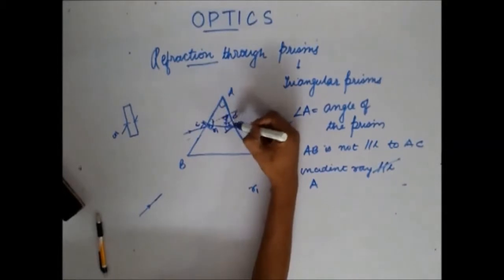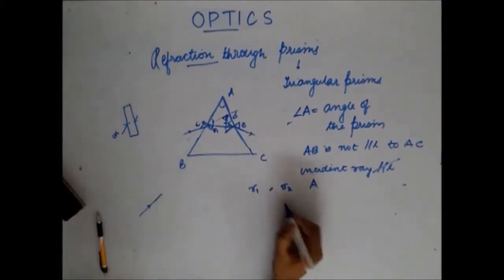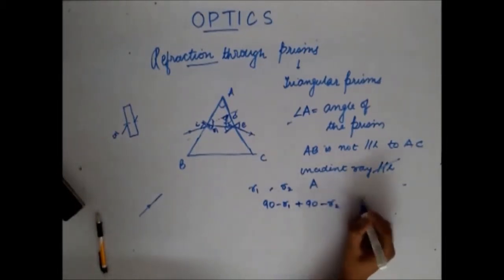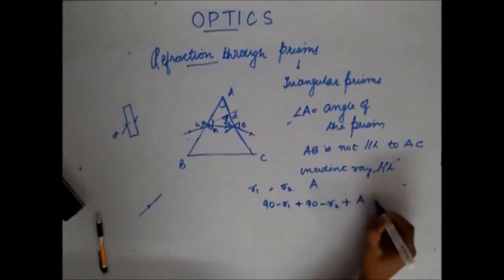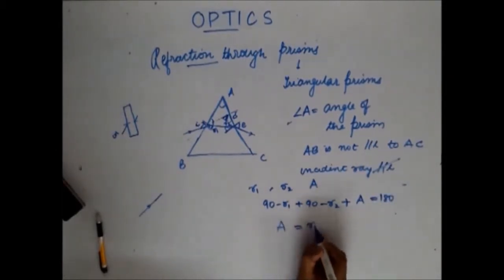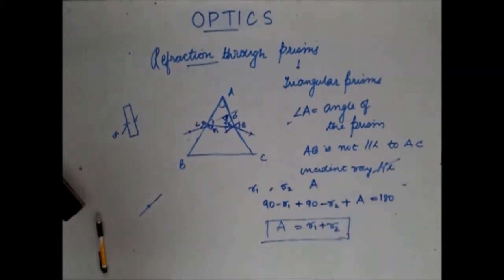Now in this triangle, this is 90 minus R1, this is 90 minus R2, and this is angle A. The sum of the three angles should be 180 degrees. So 90 minus R1 plus 90 minus R2 plus A is 180 degrees. That means angle A is equal to R1 plus R2, right? Okay. So this is the relation between the angle of prism and the two refraction angles.